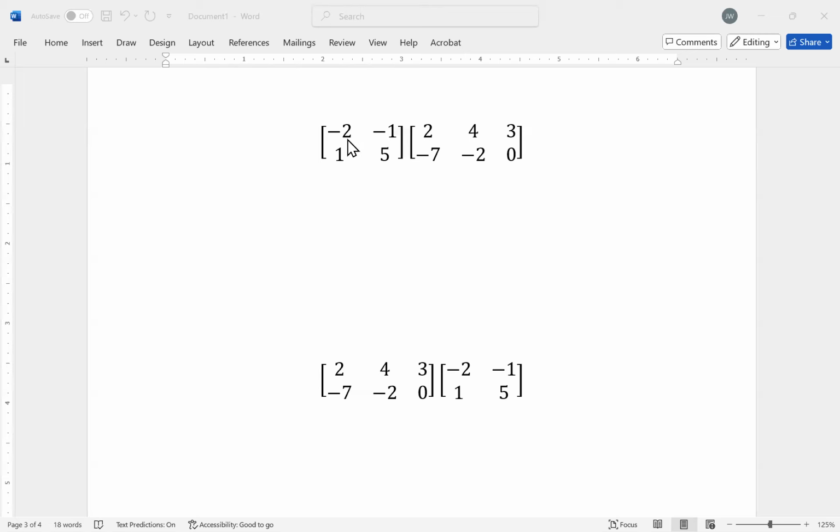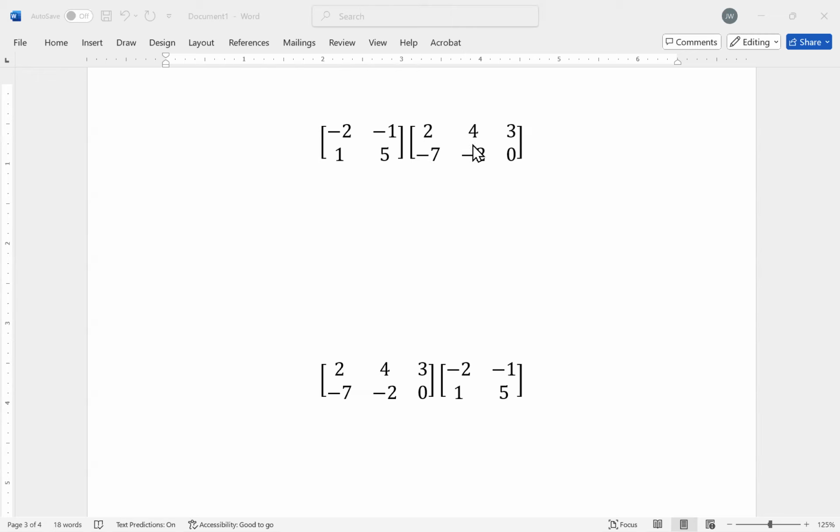All right, now let's check out this first multiplication. We have a 2 by 2 matrix. So that means when I look at the first row, it has 2 entries. I can flip that 90 degrees and multiply by this first column because this first column also has 2 entries.